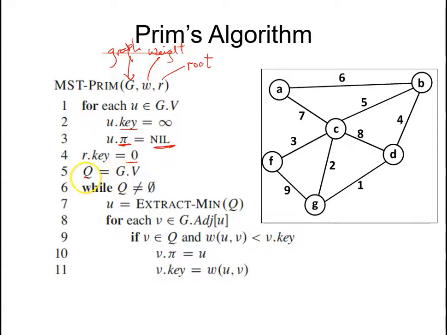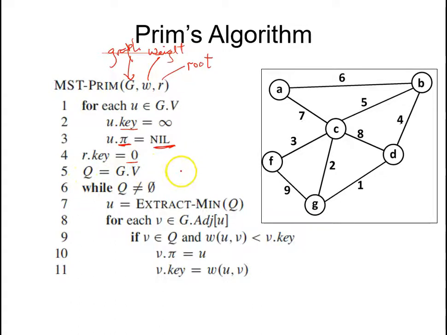And we are going to make a priority queue. Now, a priority queue is a collection from which we can extract something with minimum value. Whenever we extract a value from a priority queue, what we will get would be the object that has minimum value. Okay, so what we're going to do is we're going to put all the set of vertices in our graph within the priority queue.